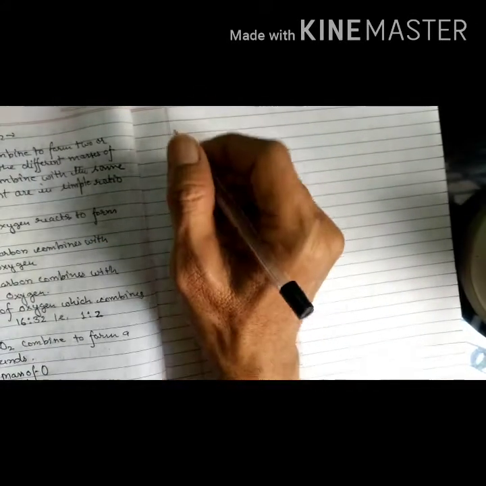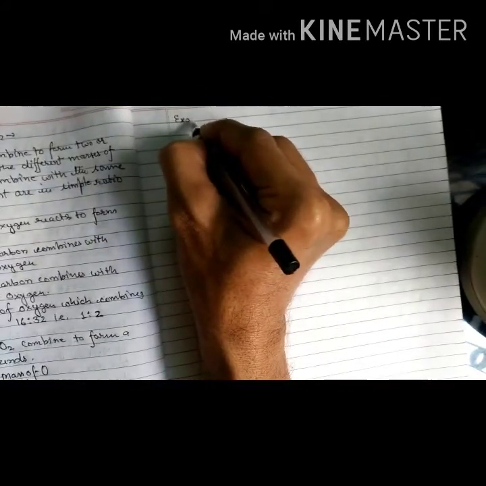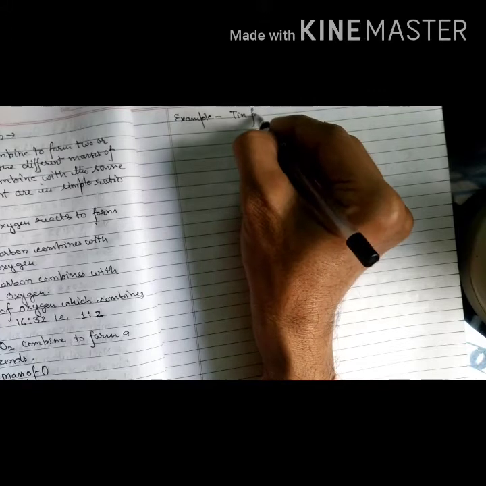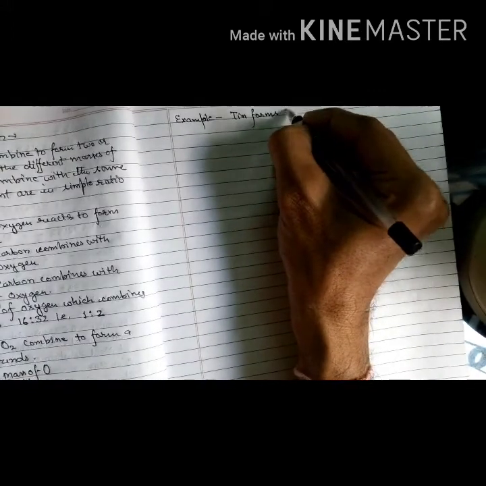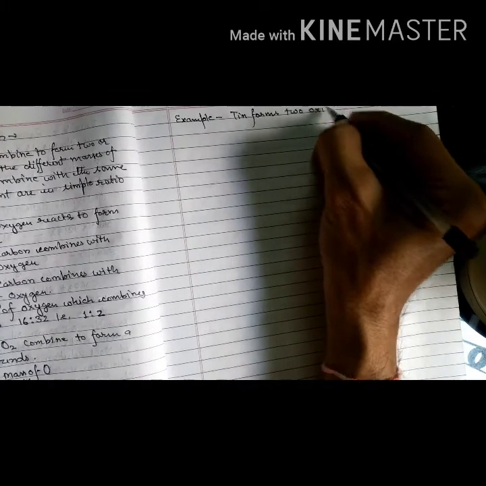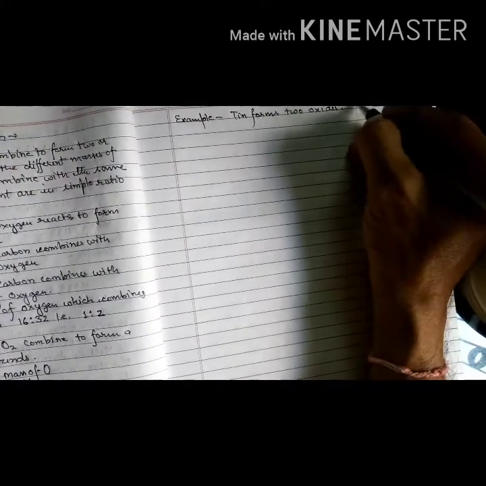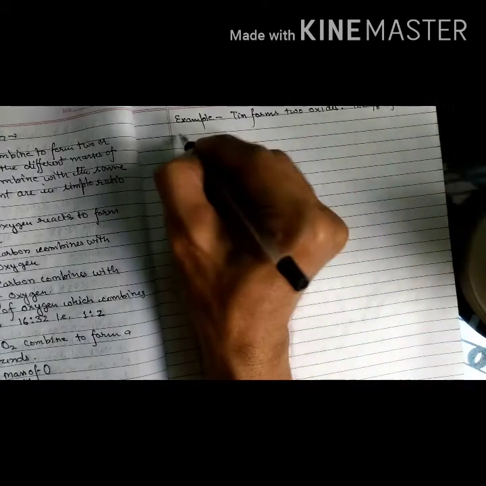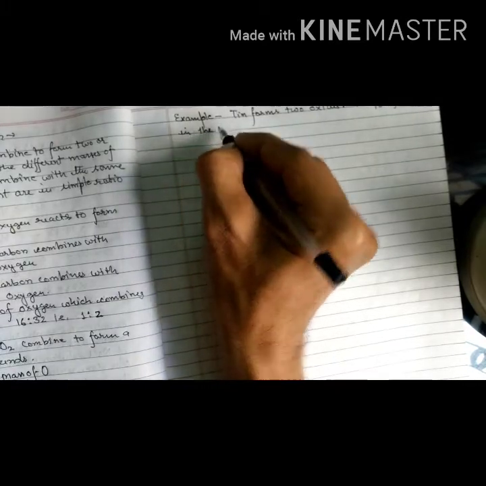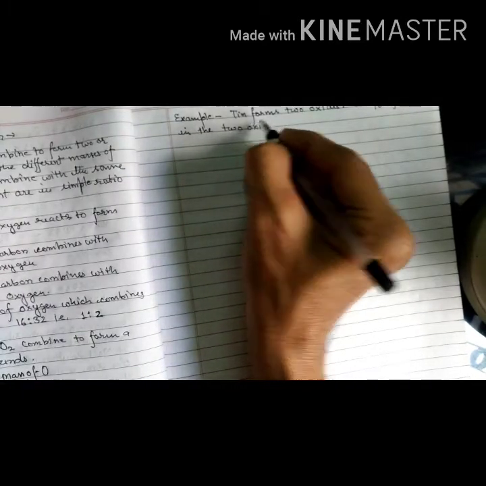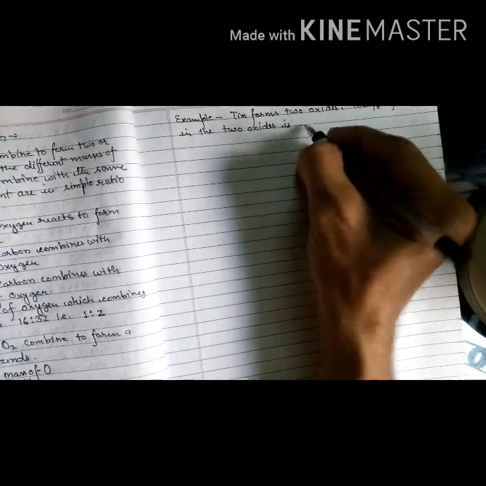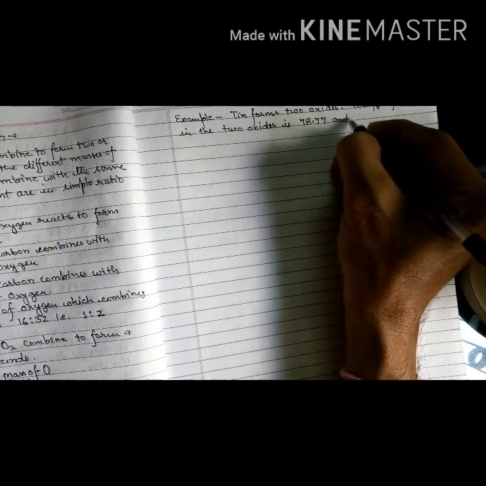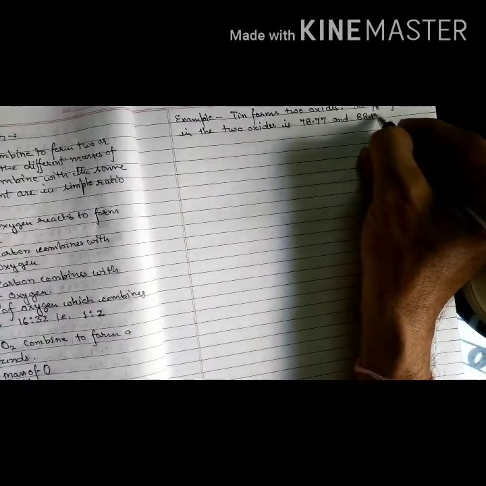Let's take another example. Tin forms two oxides. The percent of tin in the two oxides is 78.77 and 88.12.